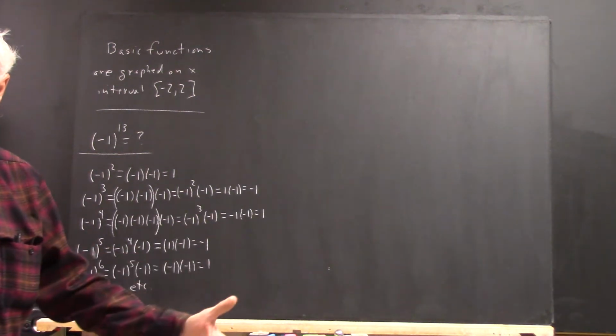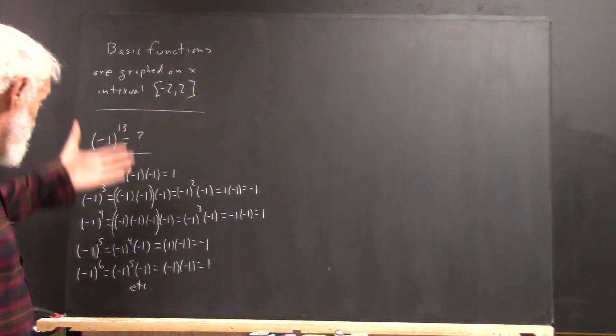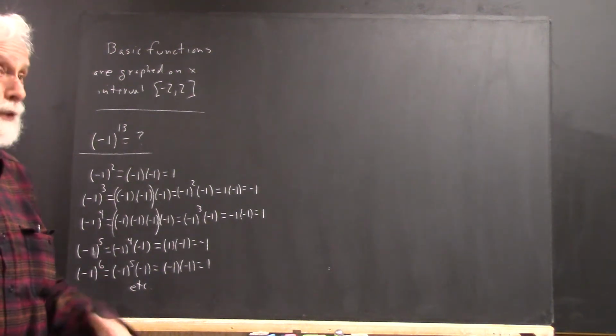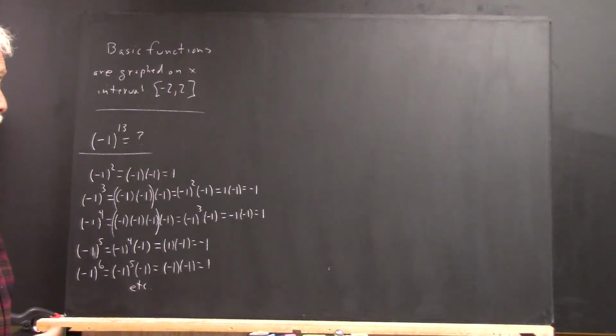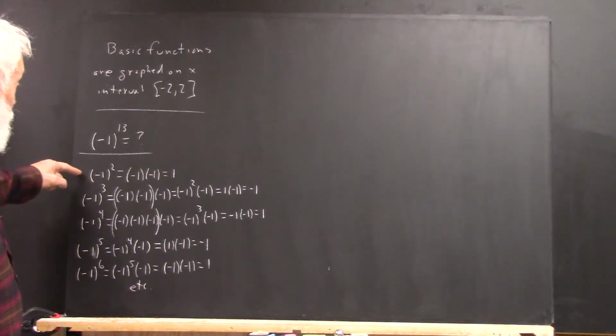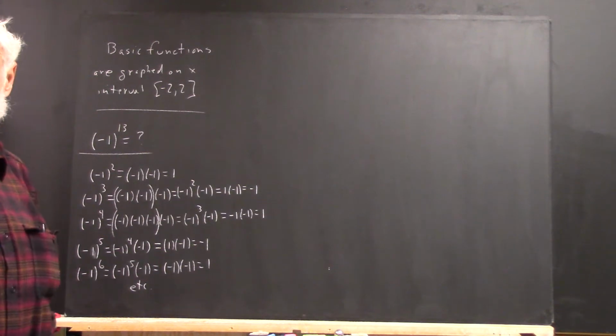It alternates. And it's clear from this process that it's always going to alternate. How? On the even powers it's positive, and on the odd powers it's negative. Right?